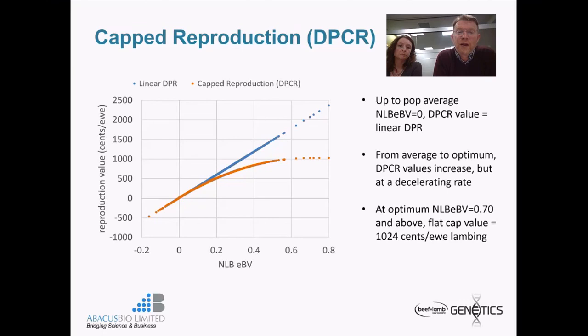The more routine one would most likely be a change in, say, the lamb price, in which case a review of the SIL indexes would need to take place, and all of the economic weightings would change, including cap reproduction. So a new formula would need to be calculated.